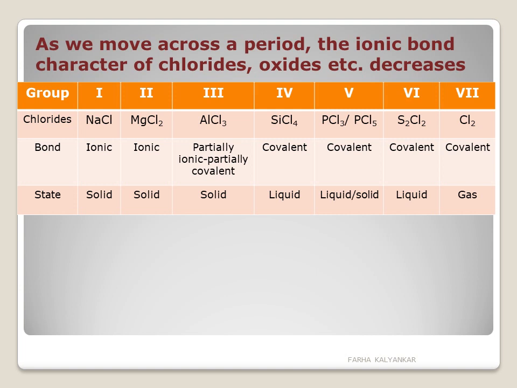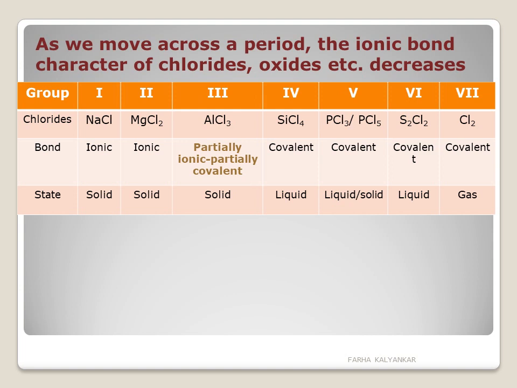I can also see over here that aluminium trichloride is having partially ionic, partially covalent bond being formed between the two atoms.